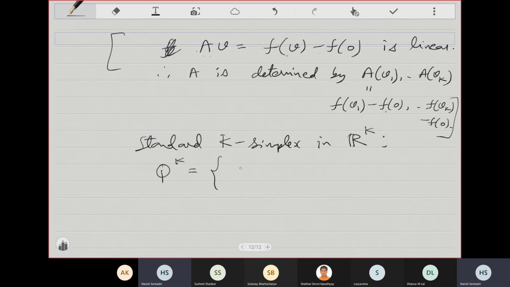This was the set of all summation alpha_i e_i, i from 1 to k, such that alpha_i is greater than or equal to 0. Actually, I don't have to add less than or equal to 1. That's automatic. And then summation alpha_i is less than or equal to 1.